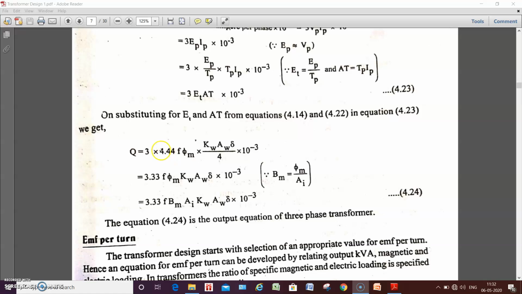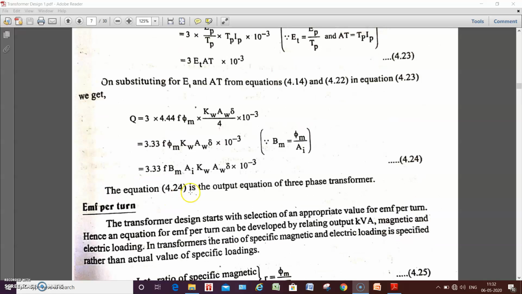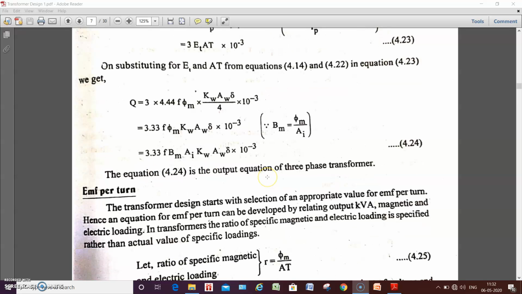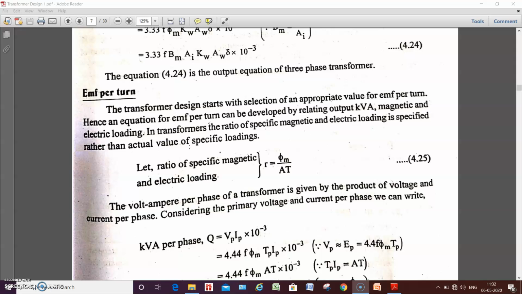So the 4 cancels and it becomes 1.11 multiplied with this 3, that is 3.33. This equation is very similar to the single phase transformer output equation, except that in a single phase transformer this factor is 2.22, and in a three phase transformer it is 3.33. So you can easily keep it in mind. This is the output equation of single phase and three phase transformers.